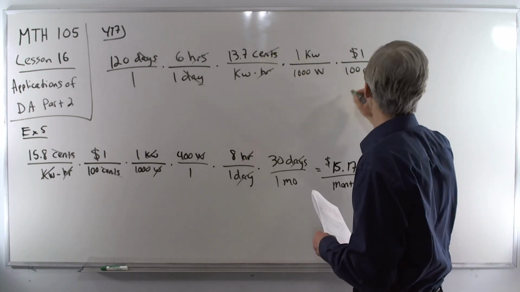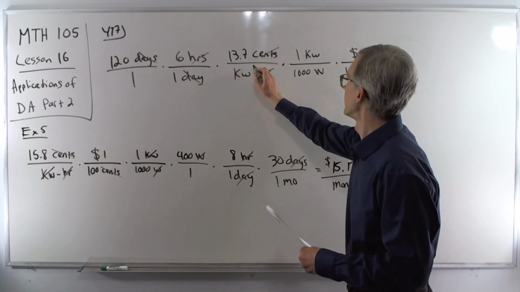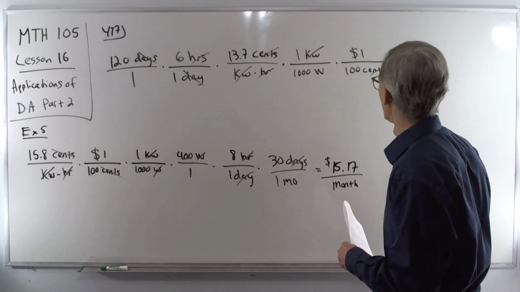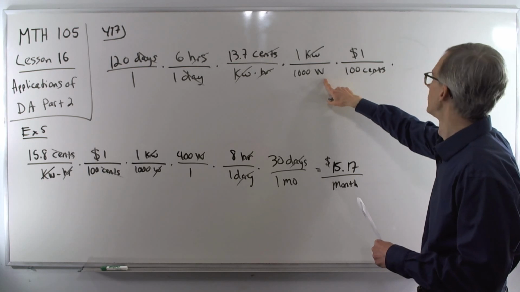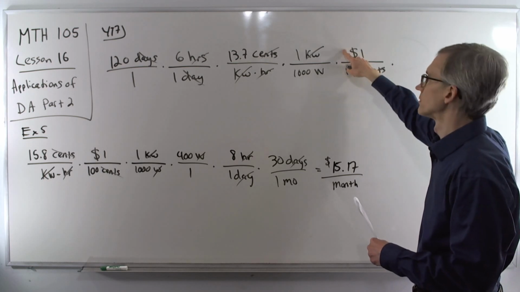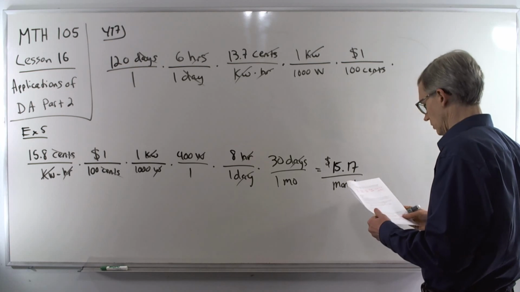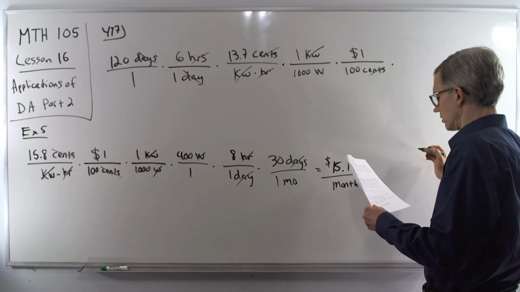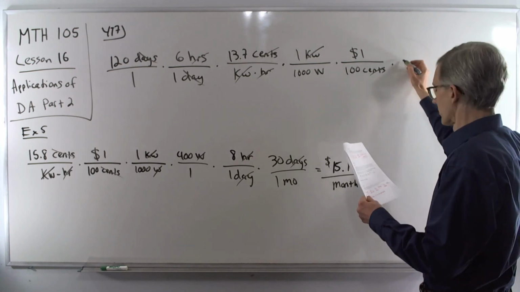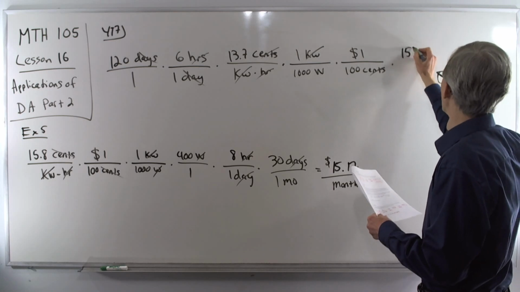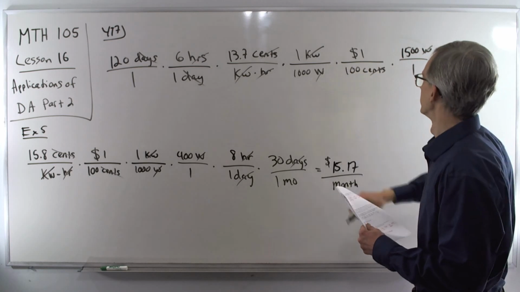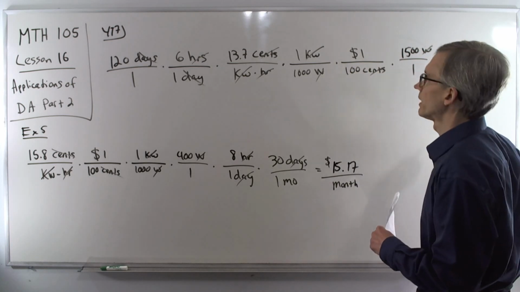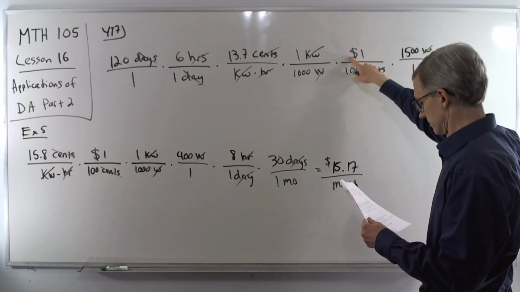So cents are gone. We got kilowatts gone. And what do we need left? We need to get rid of watts. We want dollars. And so, last thing, we're going to multiply by 1,500 watts. And now watts cancel. And the only units we have left are dollars.